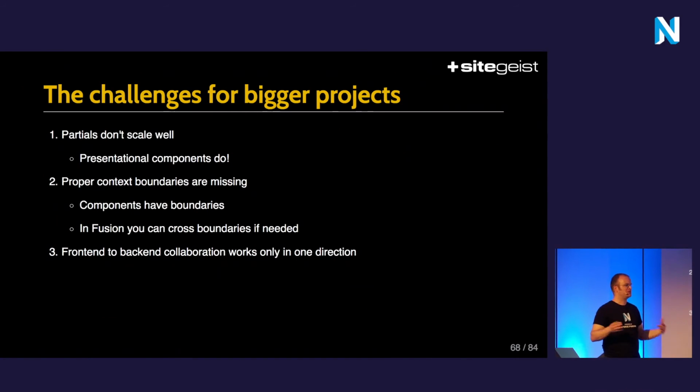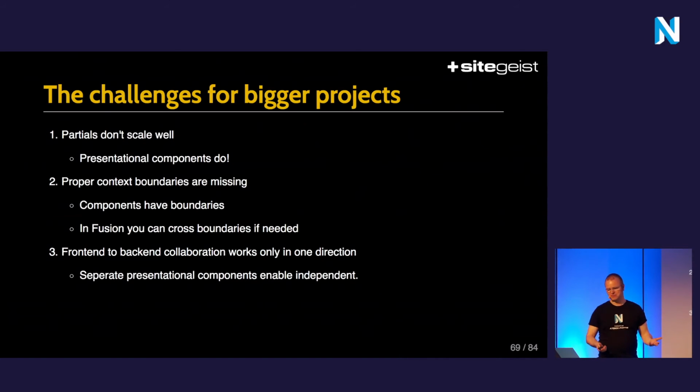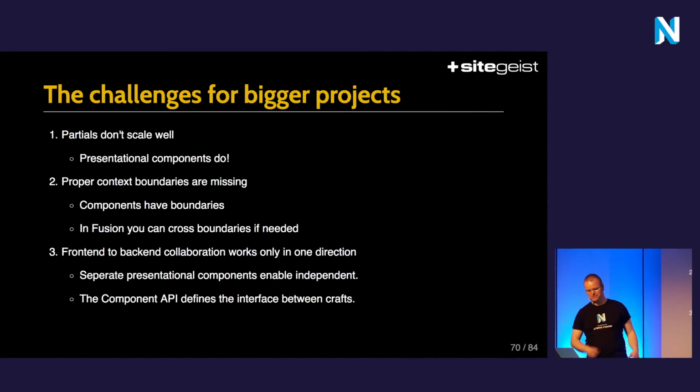And by separating presentation from data acquisition, we can allow front-end and back-end to collaborate and to progress independently. So in the end, what we are basically proposing here is that we use the attributes of Atomic Fusion components as the interface between front-end and back-end development.